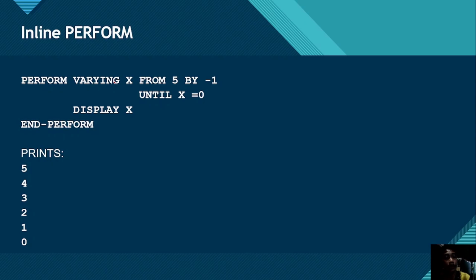So here, varying x from 5 by -1 until x is equals to 0. It is a descending order, which we will start from 5 until x is equals to 0.